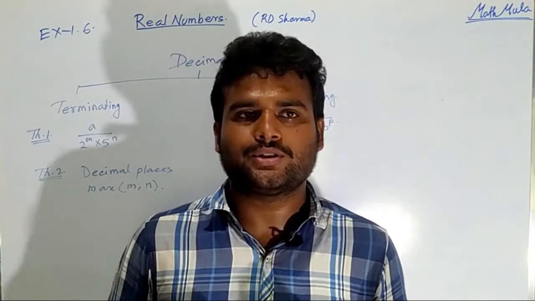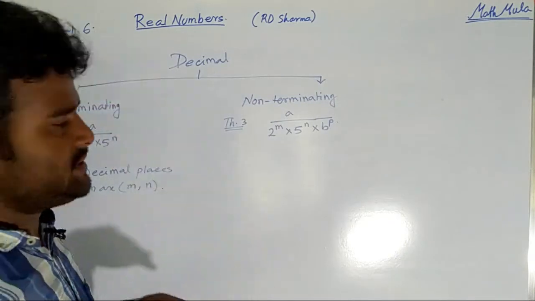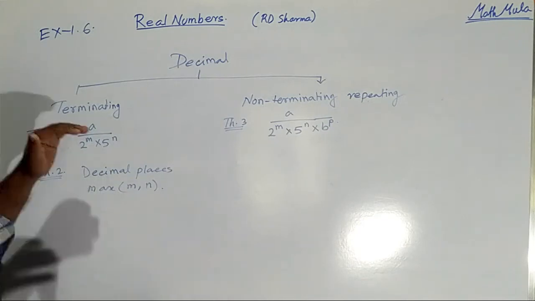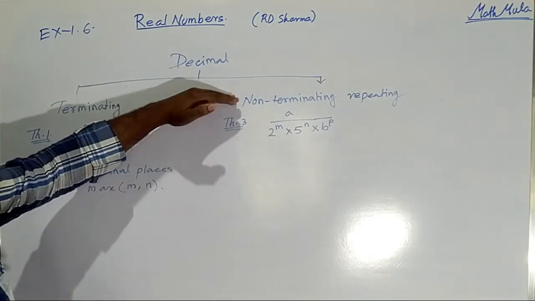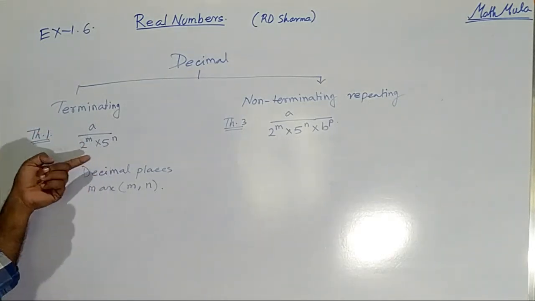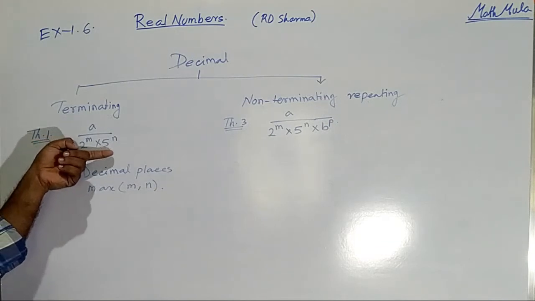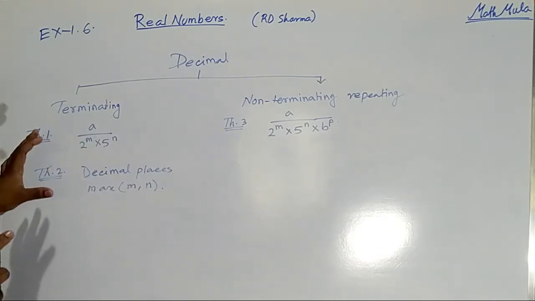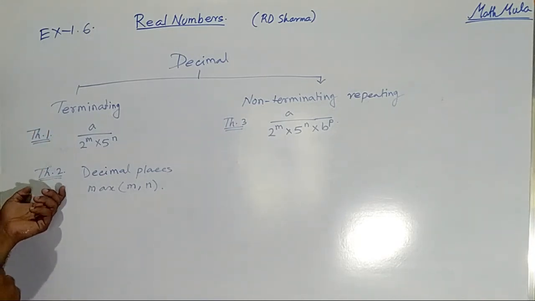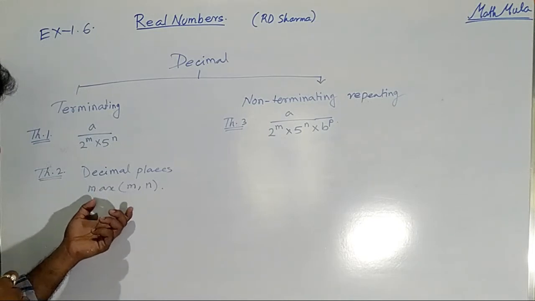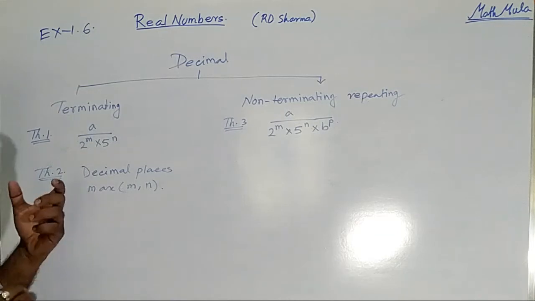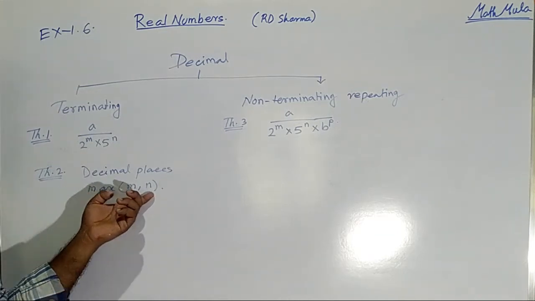Now the conclusion from these 3 theorems is that the decimal expansion of any rational number is either terminating or non-terminating repeating. From the first theorem, if the denominator is in the form 2 to the power m into 5 to the power n, then the rational number will have a terminating decimal expansion. And from theorem 2, if the decimal expansion is terminating, then the number of decimal places will be the maximum of m and n.